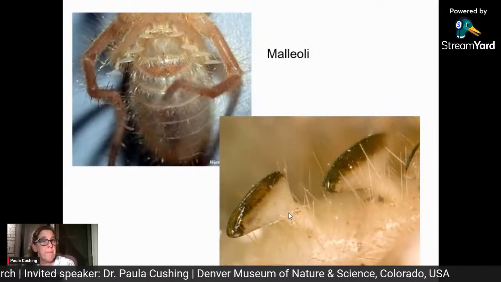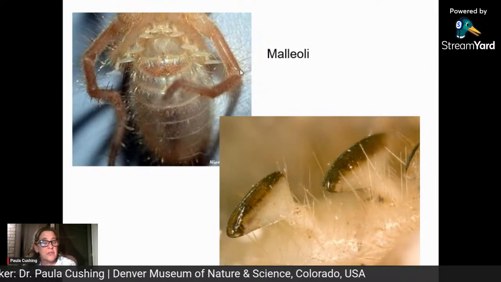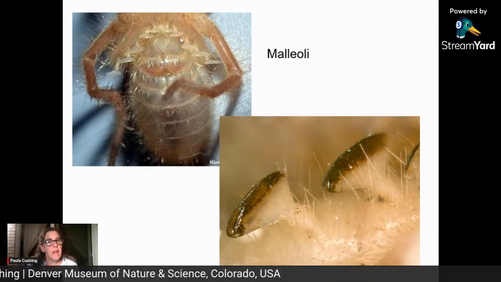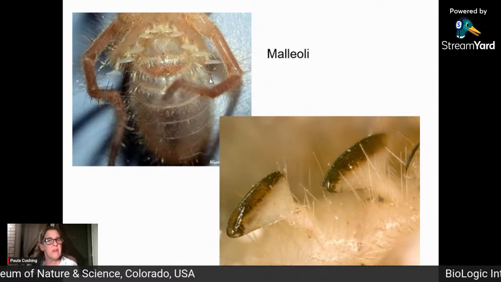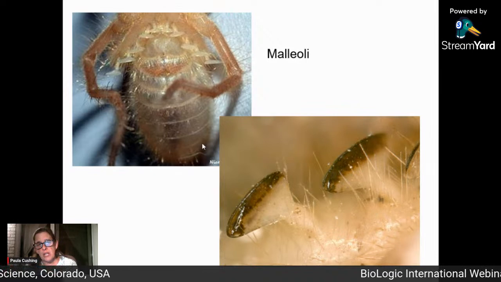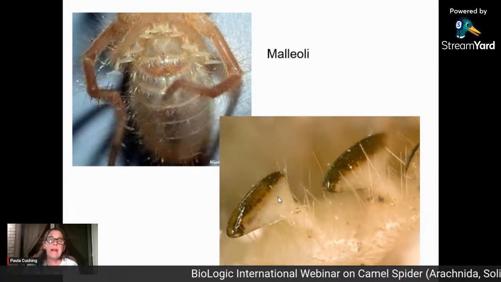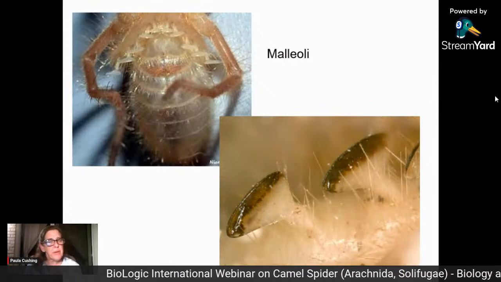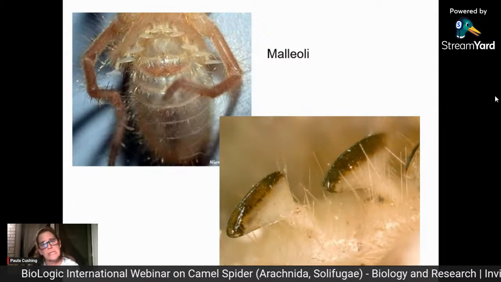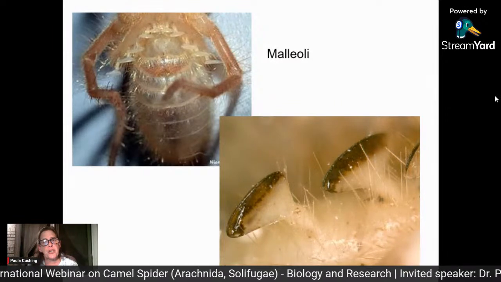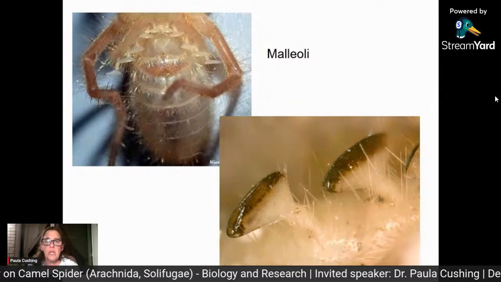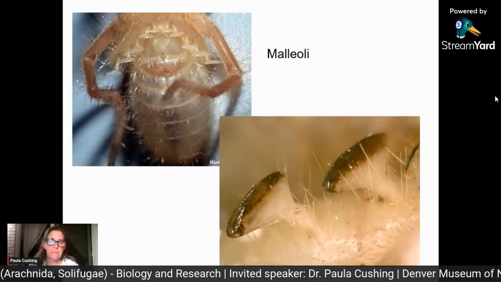I talked about the malleoli, these really interesting organs that are found on the underside of the legs of both males and females. This is a close-up view of a malleoli in the bottom right. And a really nice paper came out in the 1970s by a couple of researchers who demonstrated that the malleoli function as chemoreceptors.